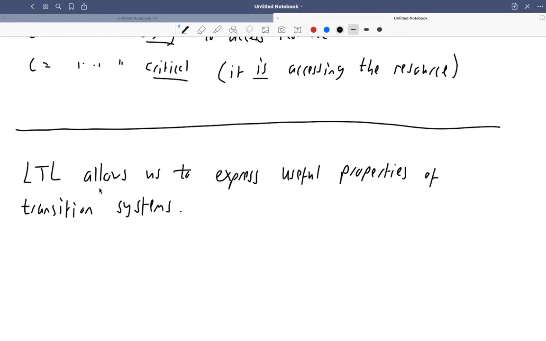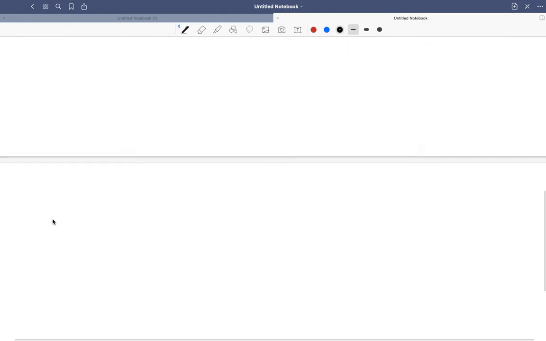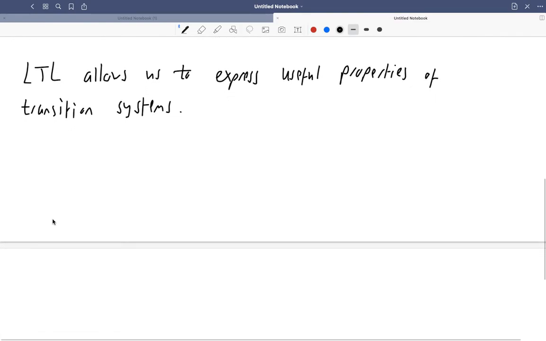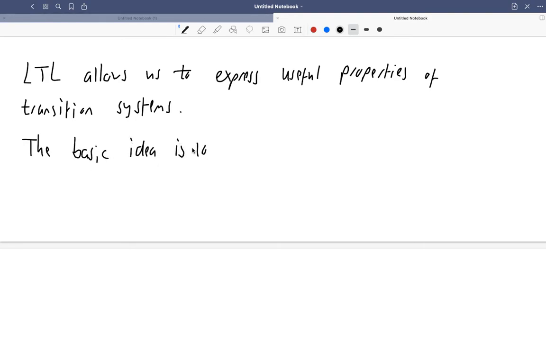So the basic idea of LTL is to express properties of infinite runs.